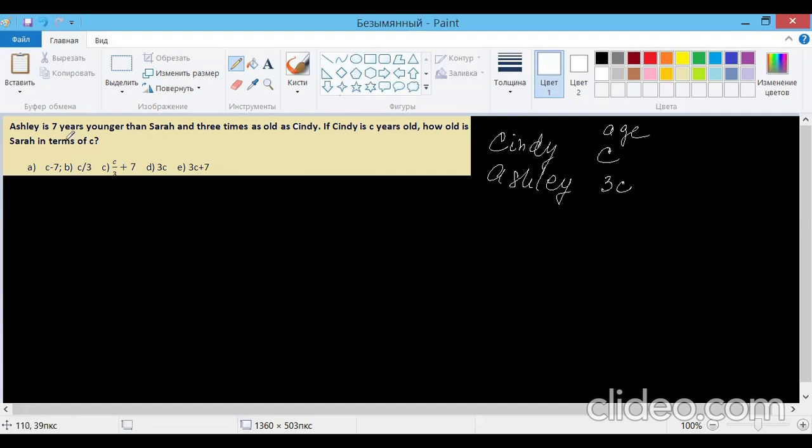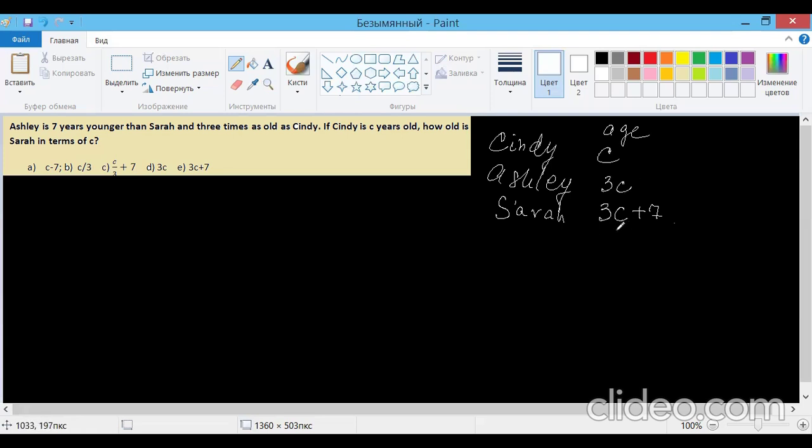Also, we know that Ashley is 7 years younger than Sarah. So that means Sarah is older than Ashley by 7 years. It means that we should add 7 to 3 times C, where 3 times C is Ashley's age, and Sarah is older than Ashley by 7 years.